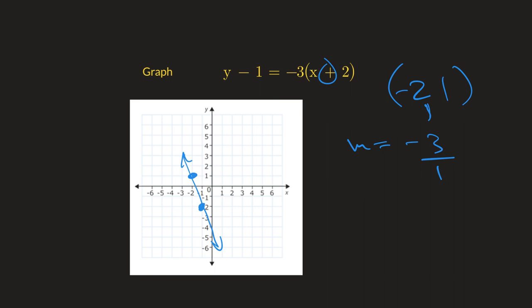It's a negative slope. We should expect a downhill line. We've got a line that does appear to be downhill from left to right, so that's good. You have to plot the point first because we have to know where to rise and run from. As long as we have a point and a slope, we can graph a line.